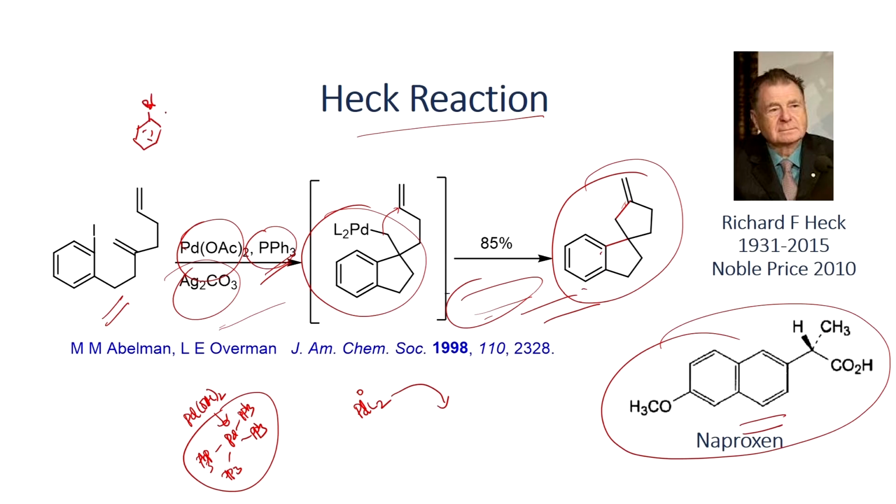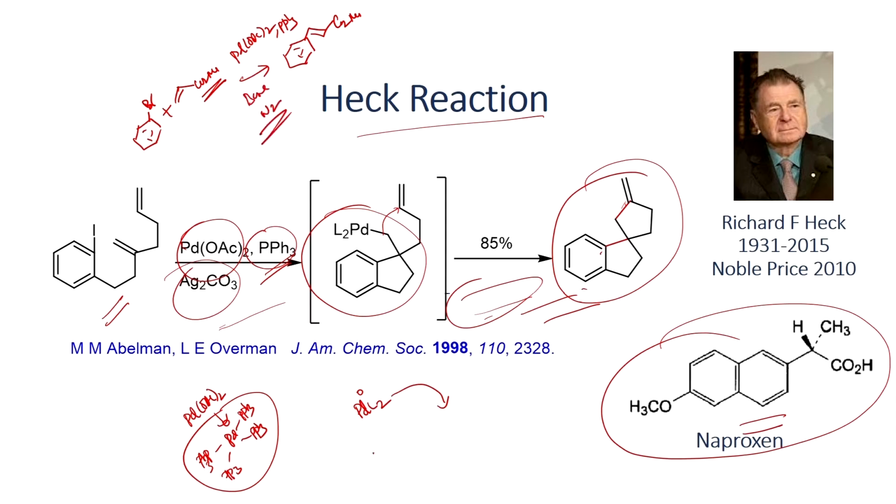Let us take bromobenzene as the substrate. When you react it with this alkene, you will be able to get this as the product in the presence of palladium acetate, phosphine ligand and base under a nitrogen atmosphere.